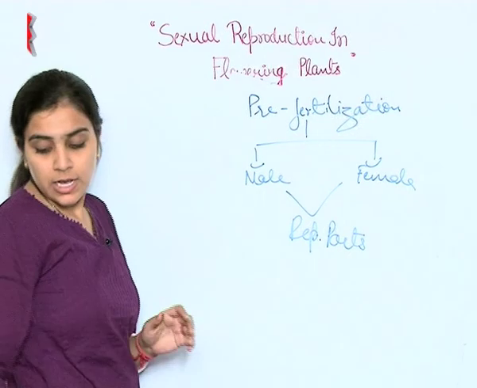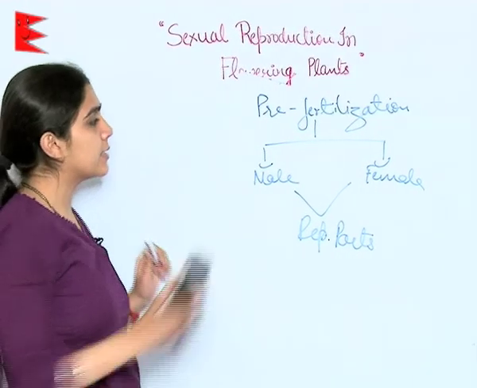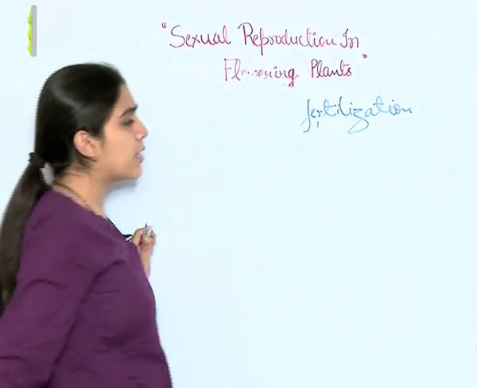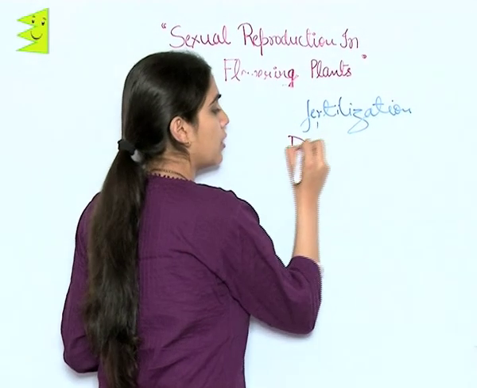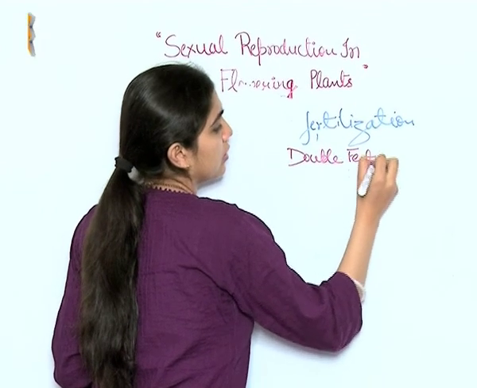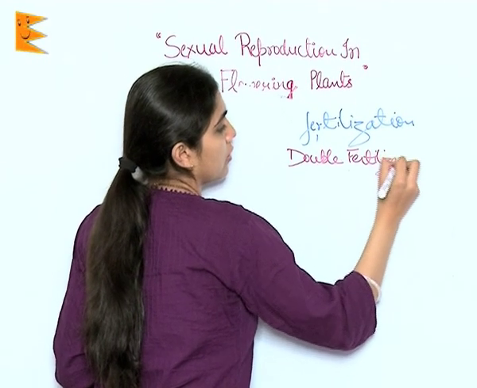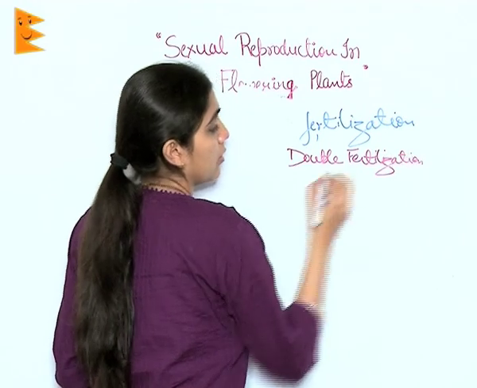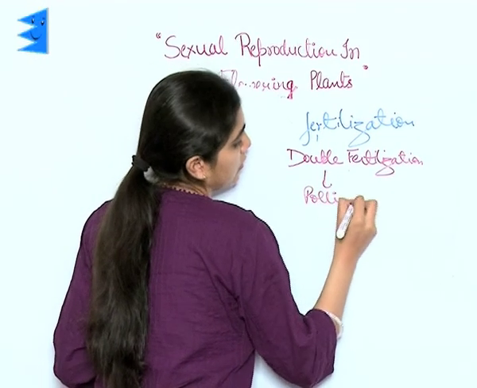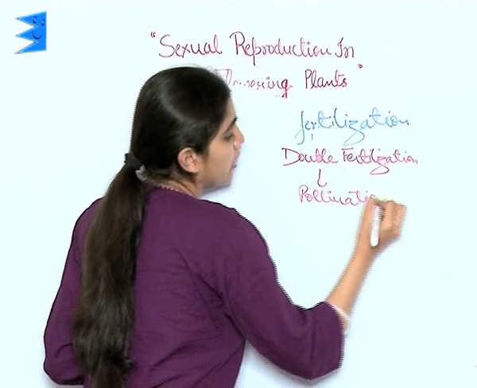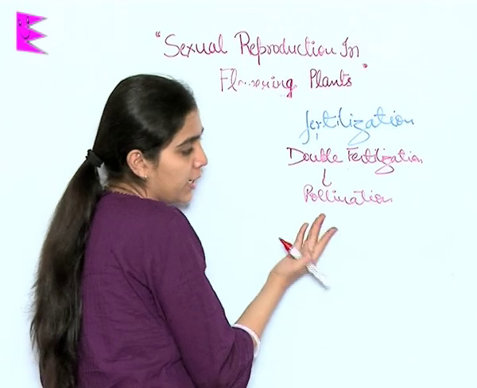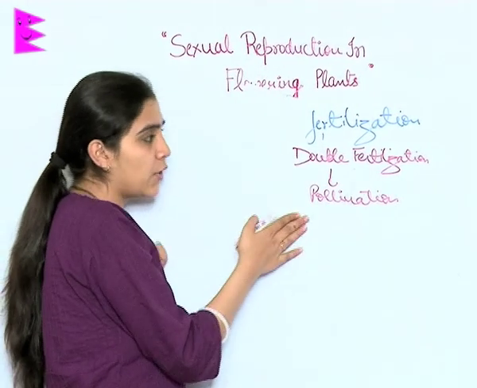Next was the fertilization phase, in which we studied double fertilization, pollination, and further how pollination occurs, what the agents of pollination are, and the different types of pollination.